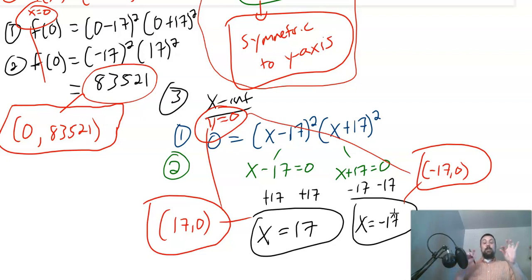But in addition to having these two points, we can also determine what the graph is going to do at those points by looking at the multiplicity for these roots that gave us these points, right? So the roots of this equation are x equals 17 and x equals negative 17. These two roots lead to these two x-intercepts, but these are the roots, right?